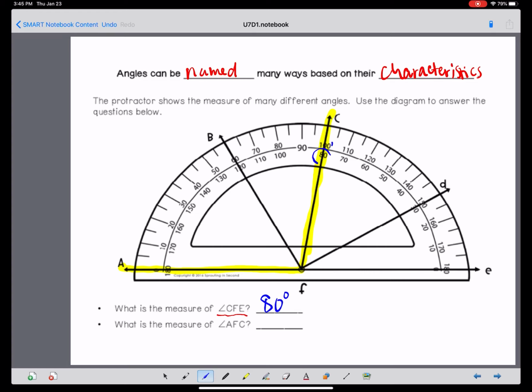If I say this is the measurement of 80 degrees and this is the measurement of 180 degrees, to figure out the measurement of this angle, we could take 180 and subtract 80 from it, and you will get 100 degrees. So the measurement of angle AFC is 100 degrees.